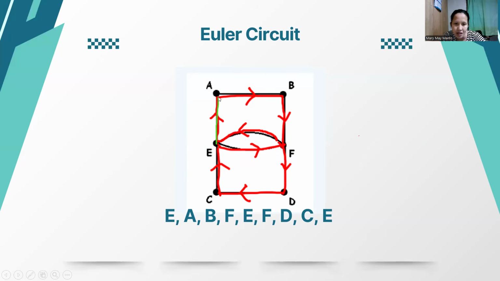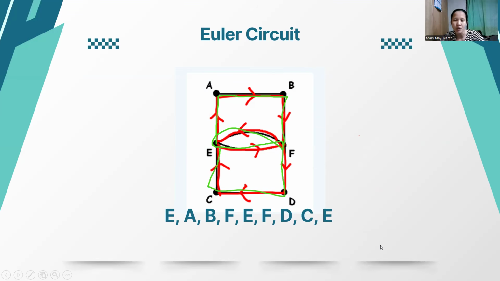We travel to A, then to B, to F, then to E, then to F again, then D, C, E. Okay, that's another Euler circuit. Remember that in a given graph, you can find many Euler circuits as long as it satisfies the definition of an Euler circuit and Euler path.